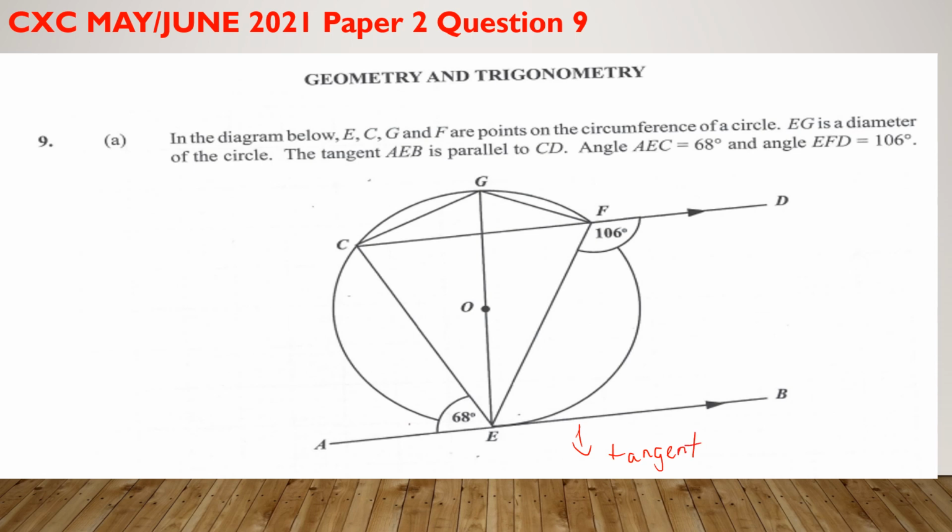And we have parallel lines CD, and CD will be parallel to AB. Angle E is 68 degrees, and angle EFD, which is here, is 106 degrees.